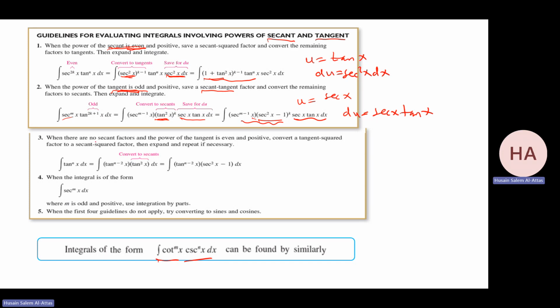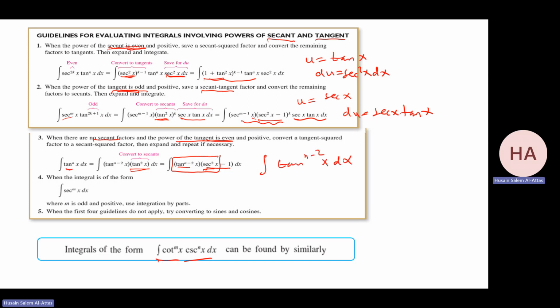If no secant factors and the power of tangent is even, what you will do, you take one tan square out, that will be secant square minus 1. So this one, you can do easily, where tan is u, this is du. And then you have the integral of tan to the n minus 2 x dx.